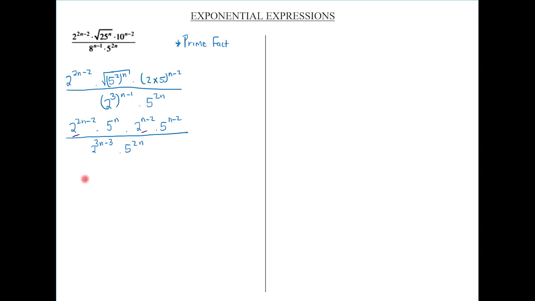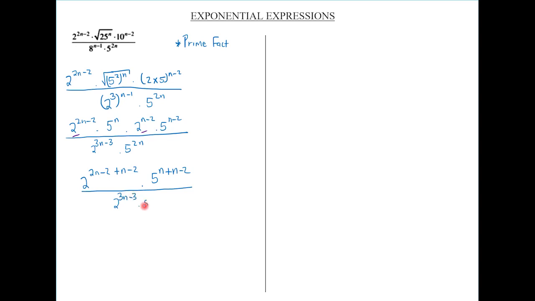Applying the law there, we can see that they are multiplying each other. If they are multiplying each other, it means that we need to add their powers, n minus 2. Same applies with 5 to the power of n plus n minus 2. And the denominator, we're just going to keep like that for now.